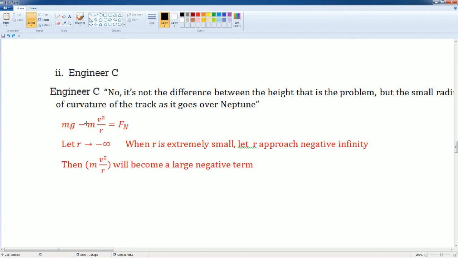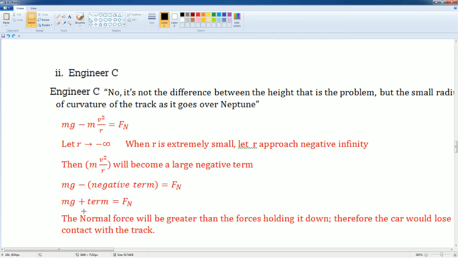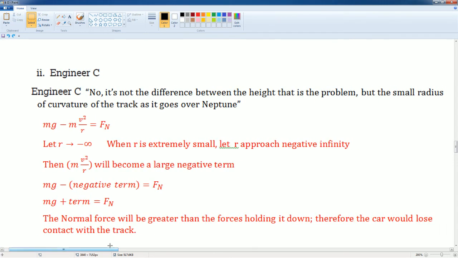This will become a super negative number, to the point that now you get an mg minus a negative term. A minus a negative term means you just add that term. So here you would say that the normal force will be greater than the force holding it down.